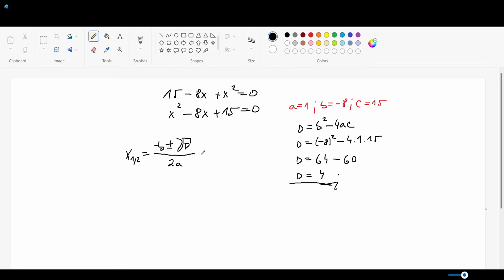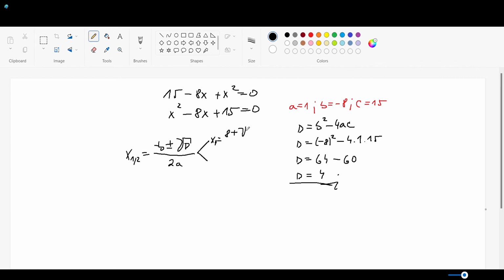Okay, so now I know that my first root is calculated like -b, which is the negative of negative, is positive, so it's 8 plus, what is the square root of 4?